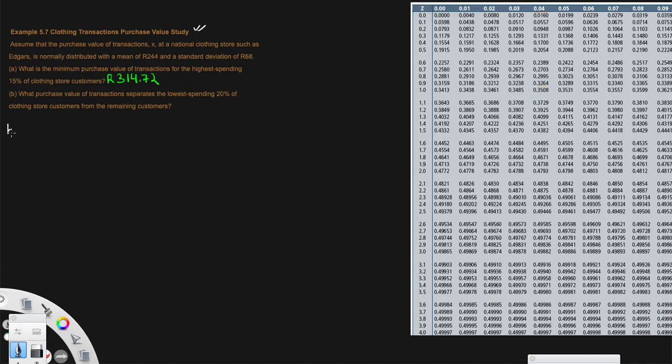Our second question now, they're asking us here, if I can translate, it's more of the highest amount that this lowest spending group would pay in this clothing store, if I can put it in other words. We will begin by sketching. Our mu is equal to this.